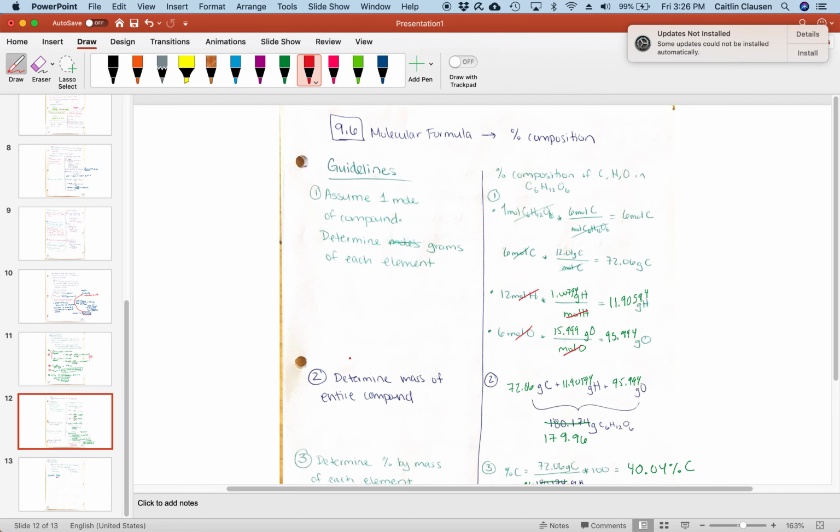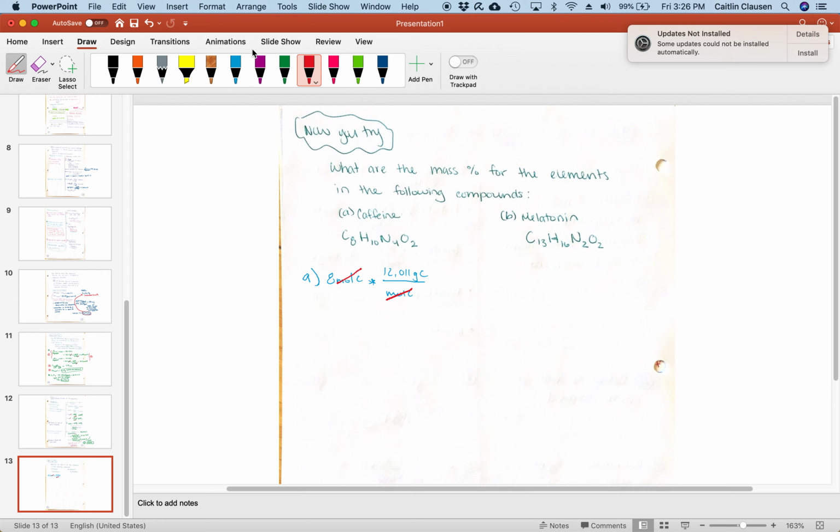Step 2, determine the mass of the entire compound. So first, let me take this guy, and then for 10 moles of hydrogen, 4 moles of nitrogen.